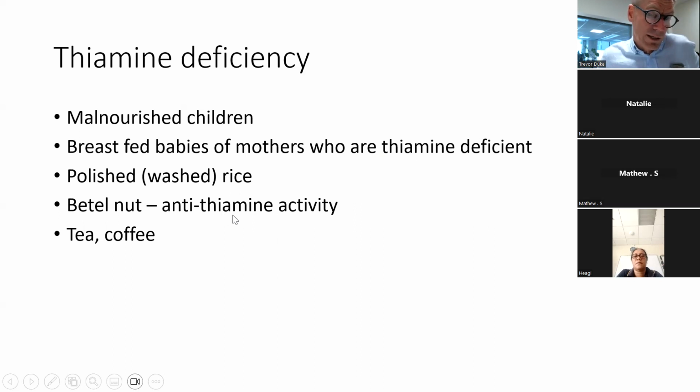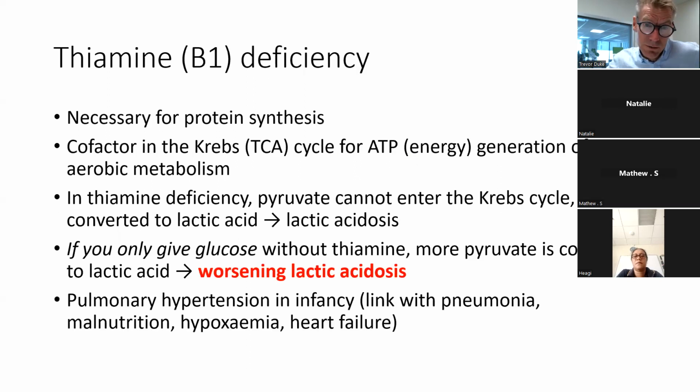Also, betel nut has an anti-thiamine activity, so it reduces the absorption of thiamine, as does tea and coffee, but nowhere near as much as betel nut. So you can think of populations that are more at risk of thiamine deficiency being mostly people who have these characteristics.